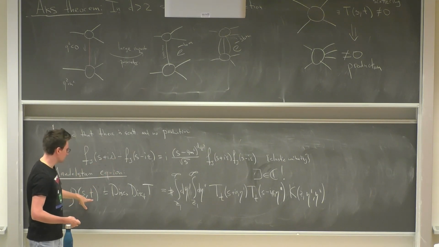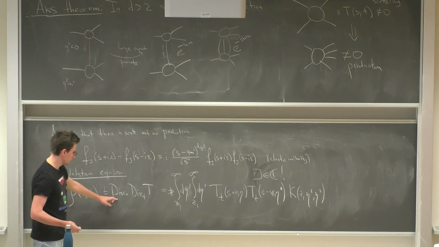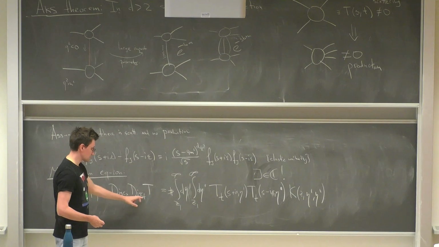However, if you look at this quantity, this is a double disc of T, and this is crossing symmetric.